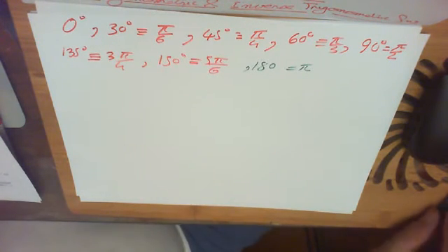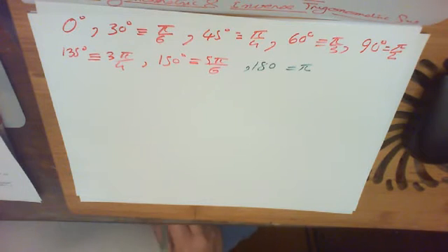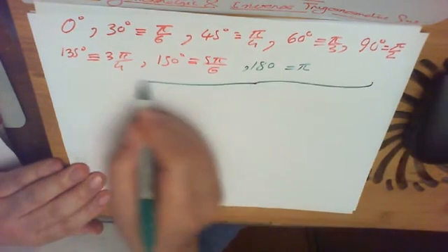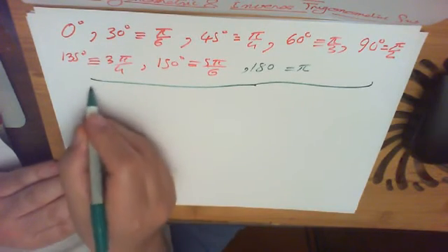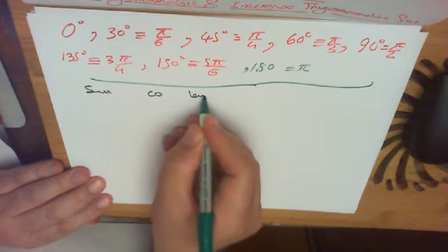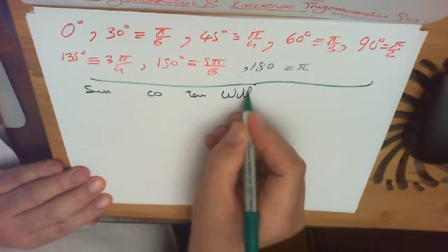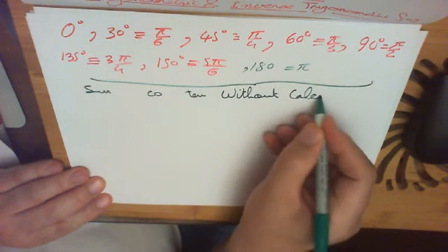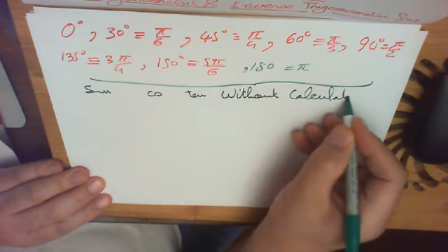These angles are the most famous, and we meet them frequently in our real life when studying mathematics. So I want you to be so acquainted with their sine, cosine, tan, without a calculator. Why?